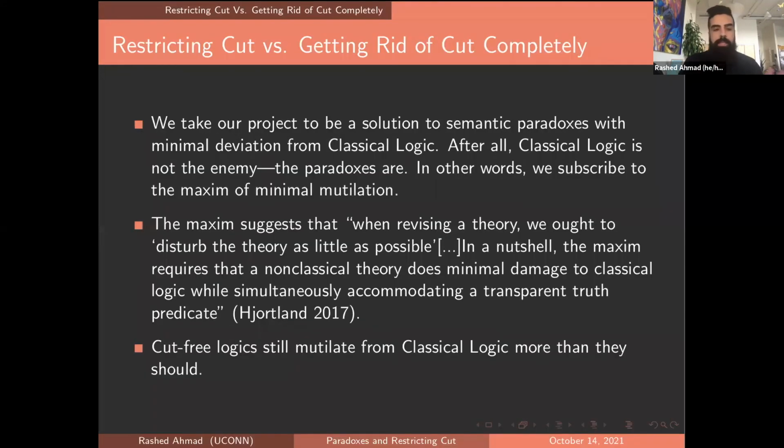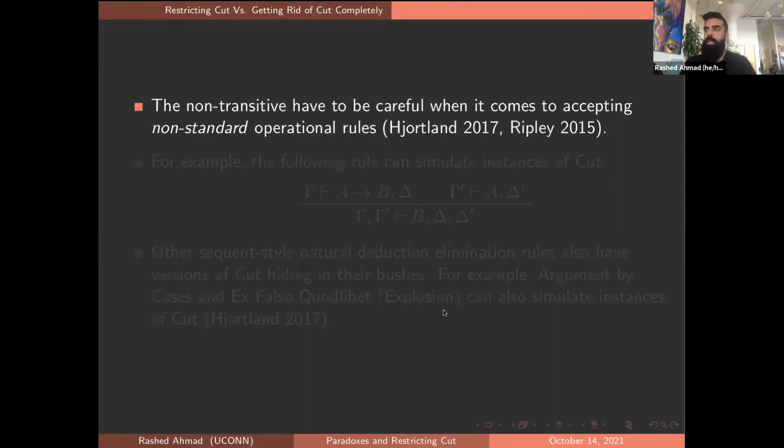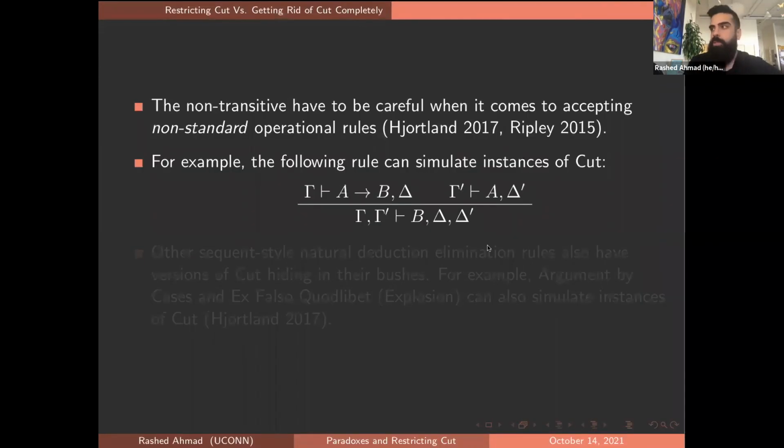That being said, cut-free, fully non-transitive logics still mutilate classical logic more than they should. So as an example from Ripley, the non-transitive have to be very careful when it comes to accepting non-standard operational rules. So sequence-style natural deduction rules, such as a form of modus ponens, for example, and that applies to us too.